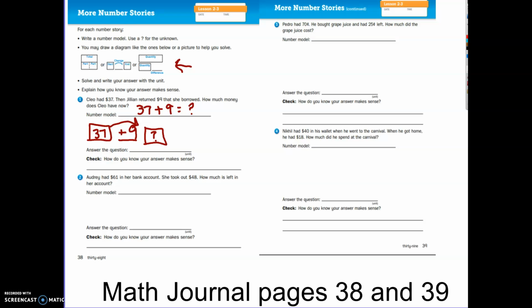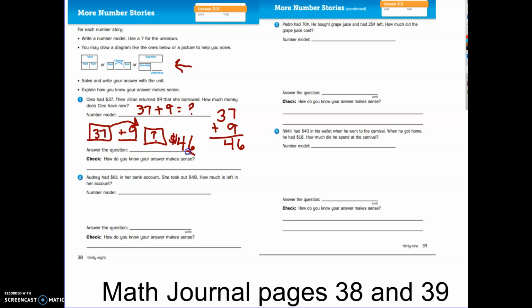I don't know how much he has now. But now you can either use the number grid to solve your problem or you can figure it out another way. And I know that the answer is 46. But 46 what? It's going to be $46.